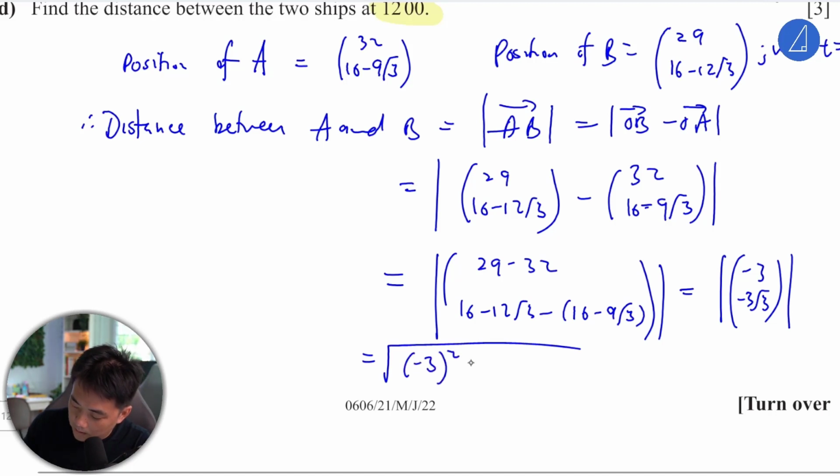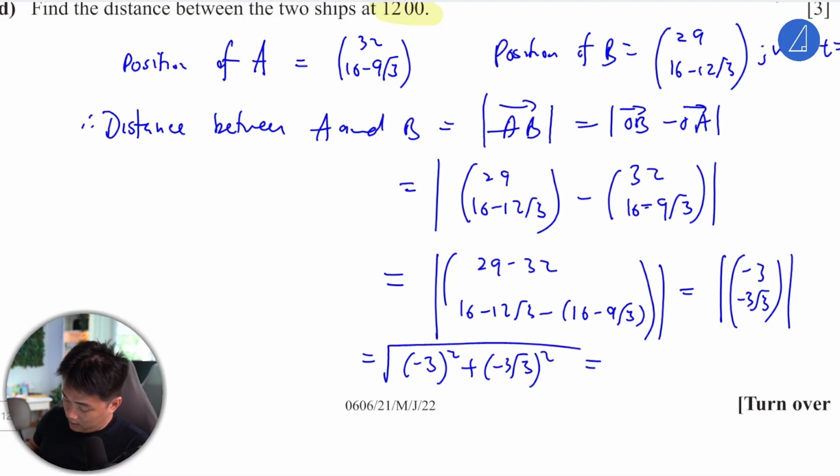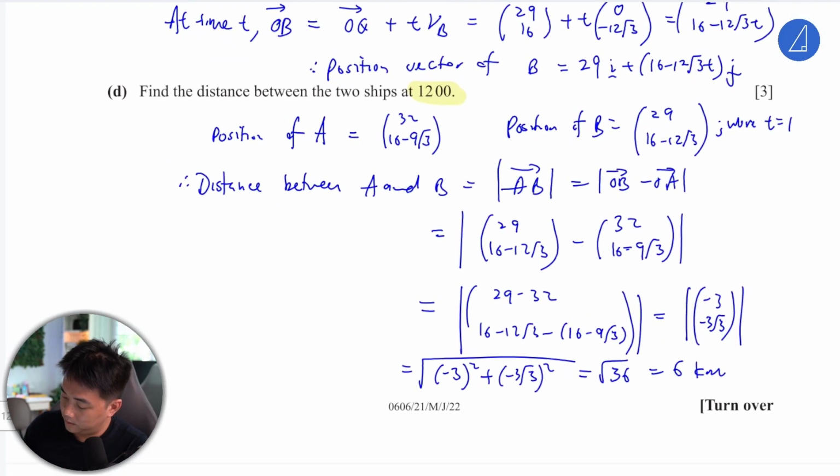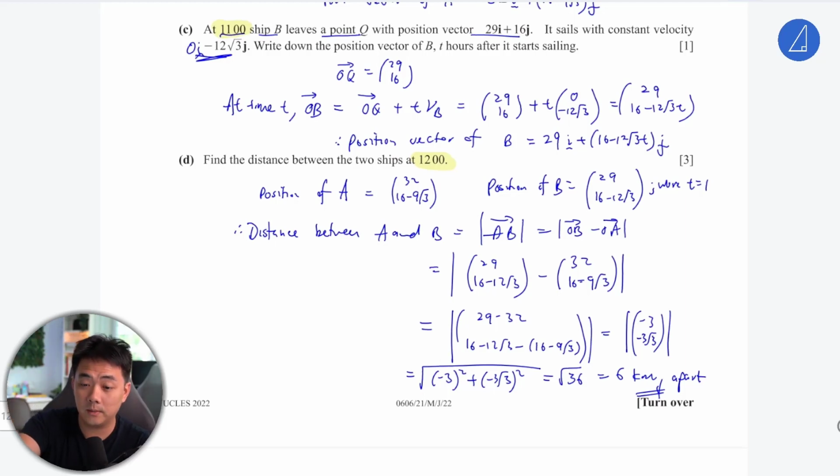The modulus, we just need to use Pythagoras' theorem here. So it's 9 plus 9 times 3, square root of 36, 6 km apart. Okay, 6 km apart. That's the distance between the two ships.